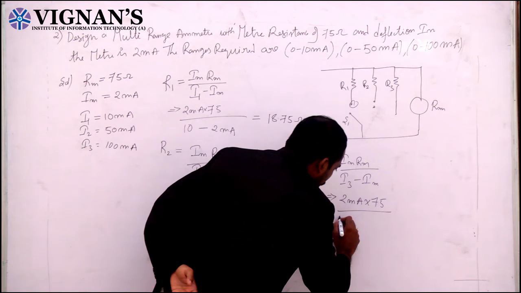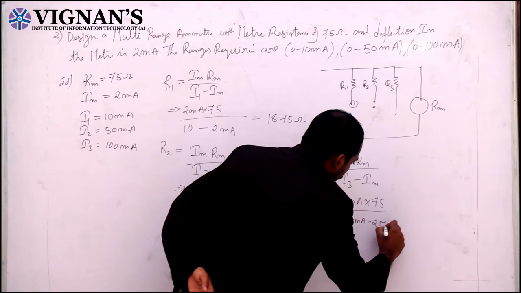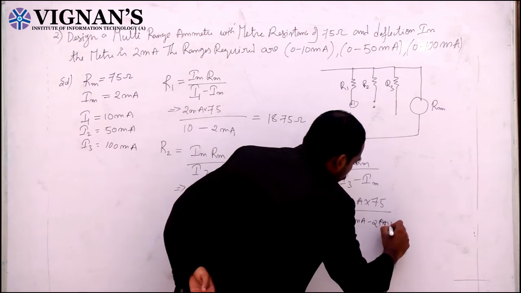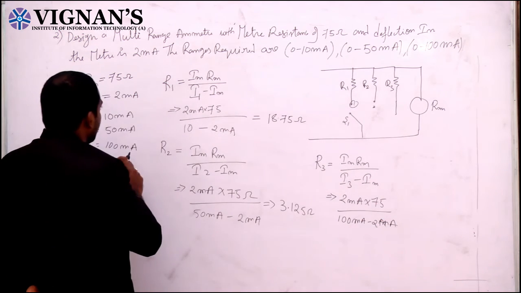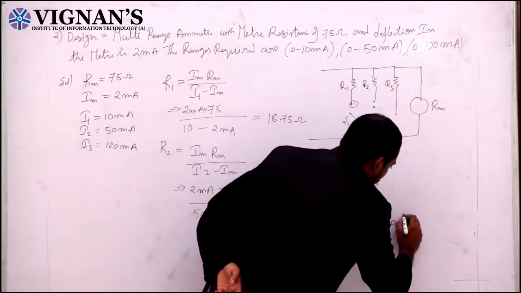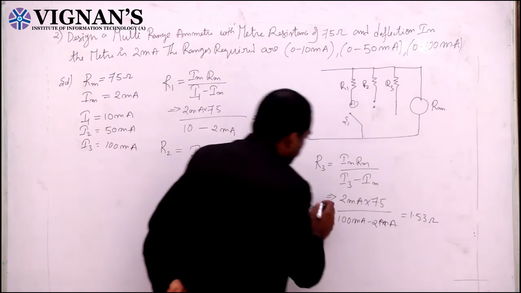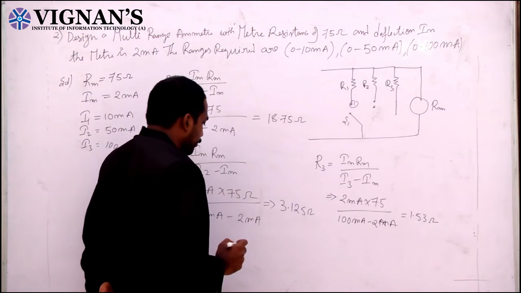It should measure a range of again 100 milliamps minus 2 milliamps, where 2 milliamps is nothing but the value of Im. So when you solve this expression, you will get a value of 1.53 ohms.